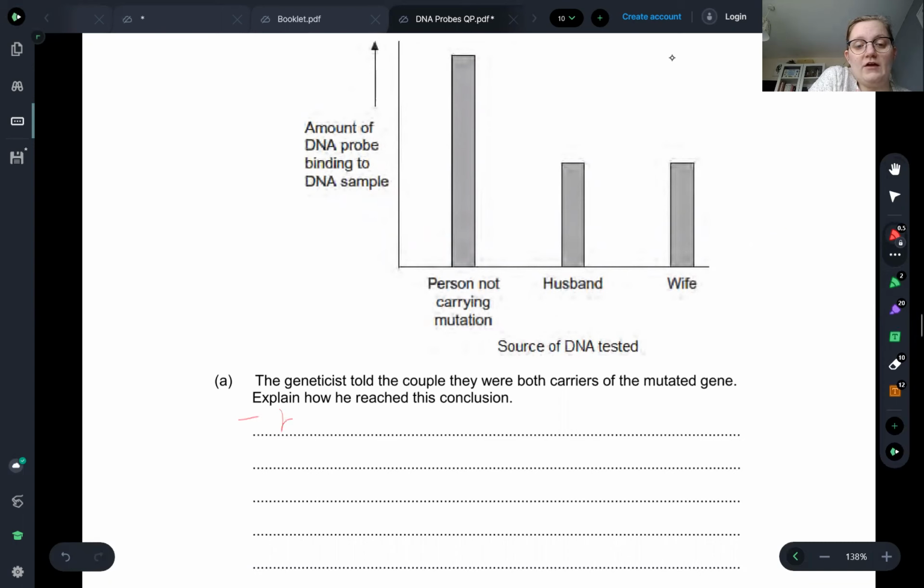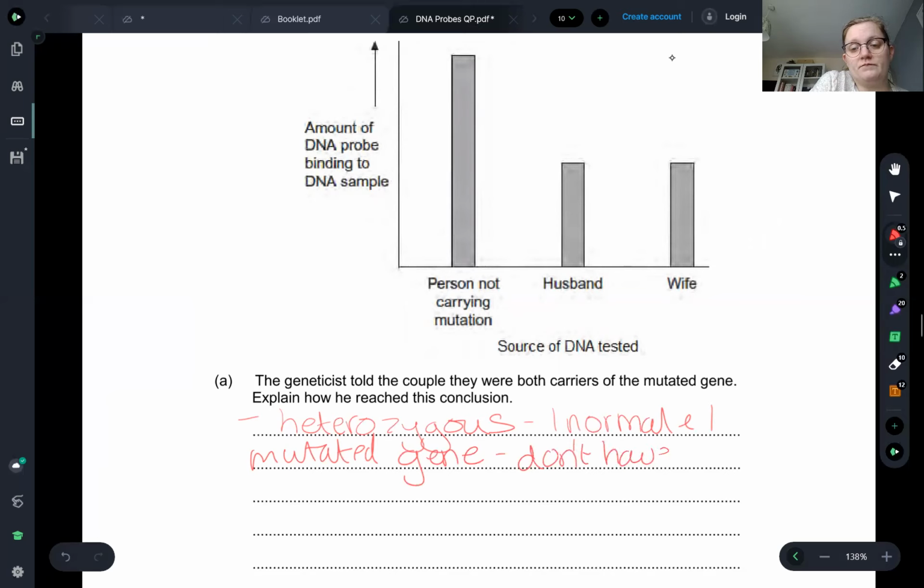Well, they are both heterozygous, which means they've got one normal and one mutated gene. They don't have the condition. That will get you 1 mark. You're explaining basically there what a carrier is.